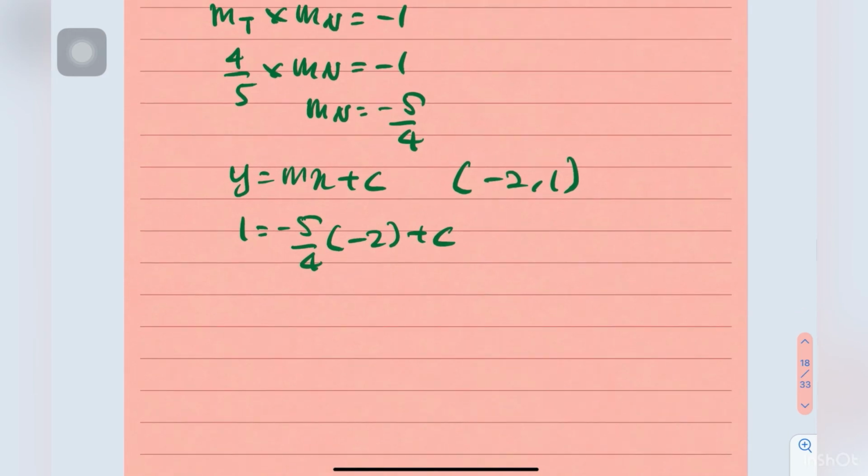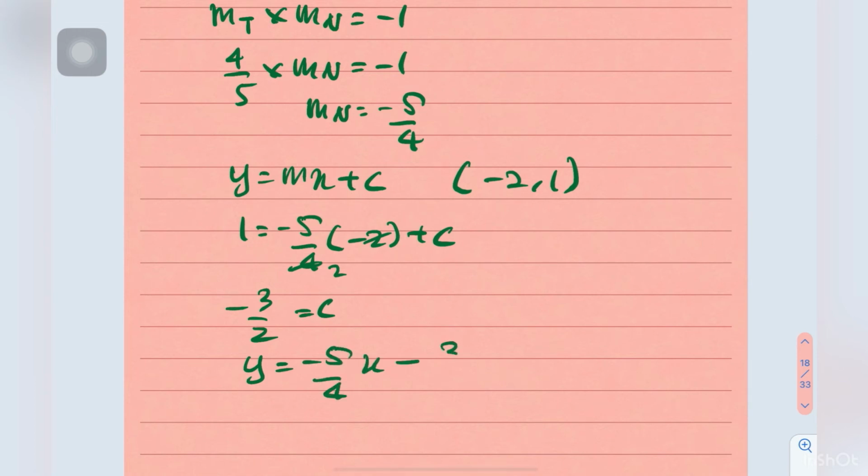So c is 1 minus 5 over 2, which is negative 3 over 2. So therefore, the equation of normal is y equals negative 5 over 4 x minus 3 over 2. This is the equation of normal.